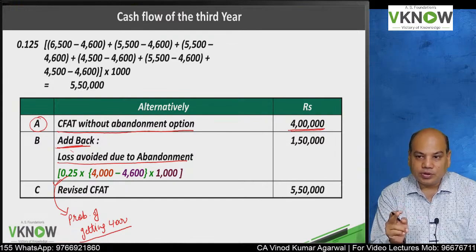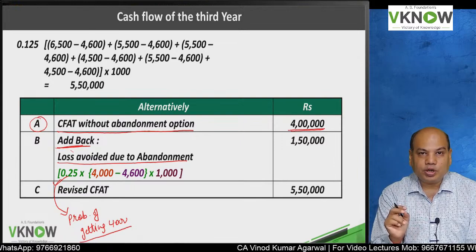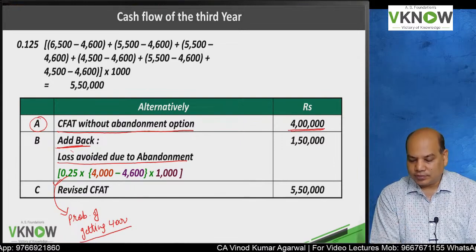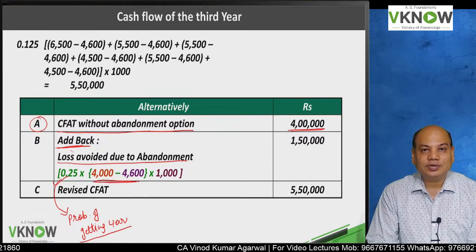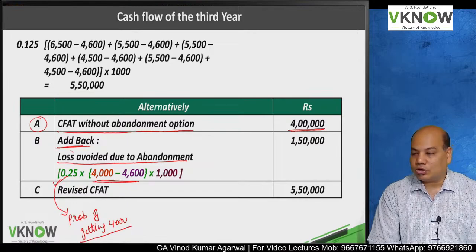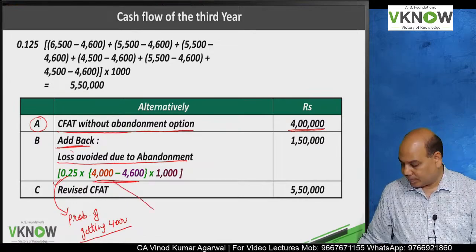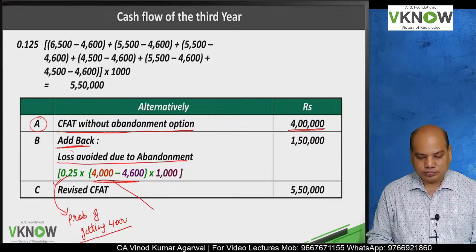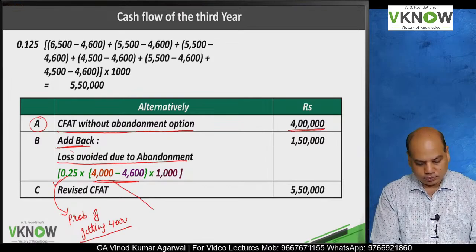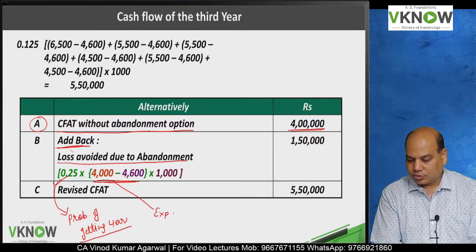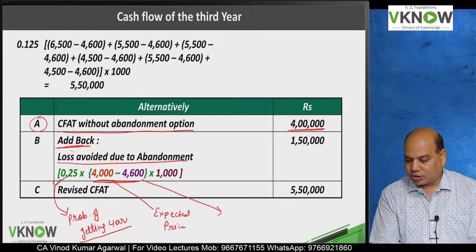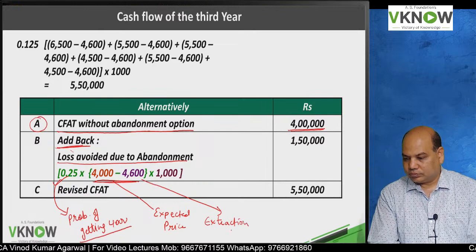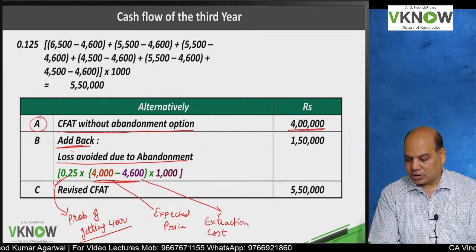The probability of getting 4,000 is 0.25, and this was the loss which you would have incurred, but now you will not incur. The loss you would have incurred was: this 4,000 is expected price, and this 4,600 is extraction cost.